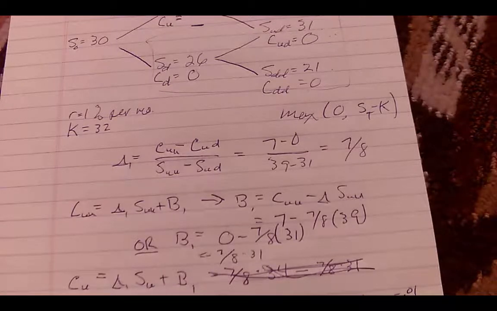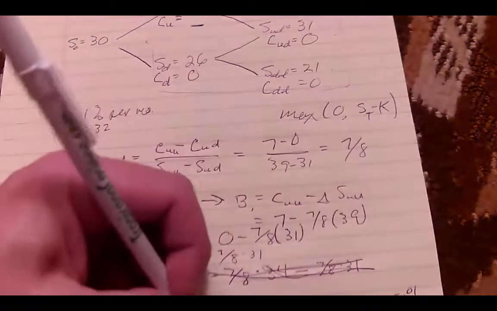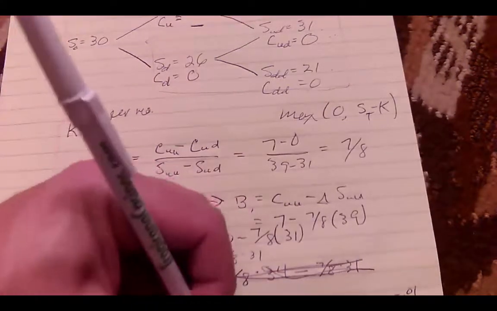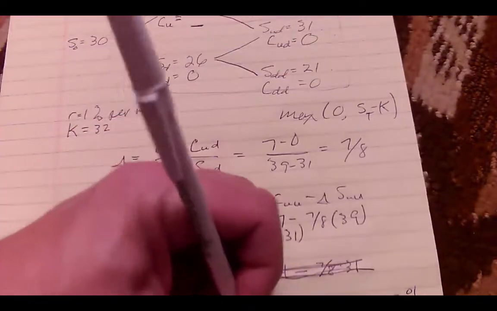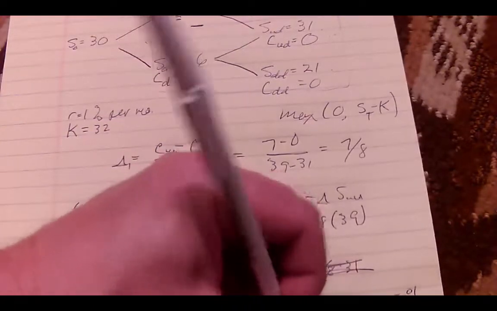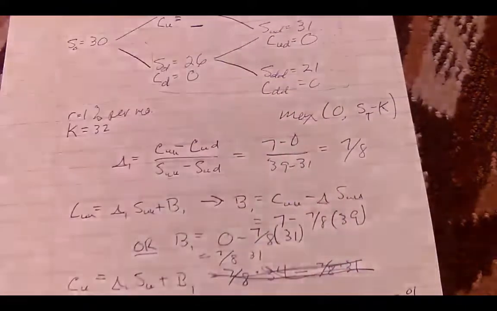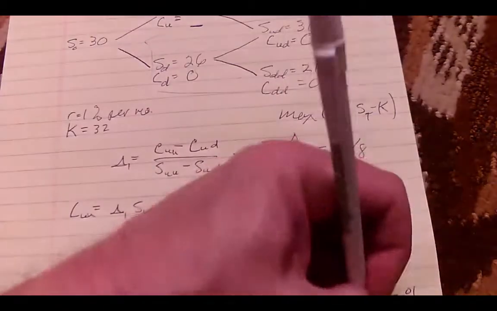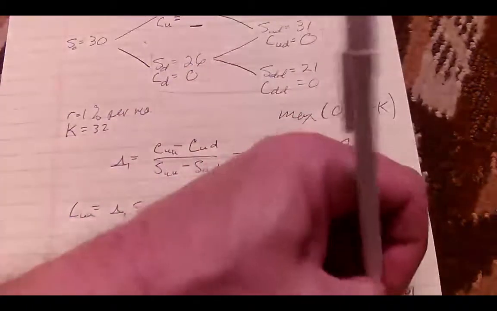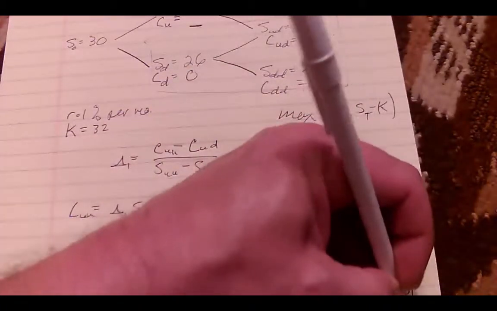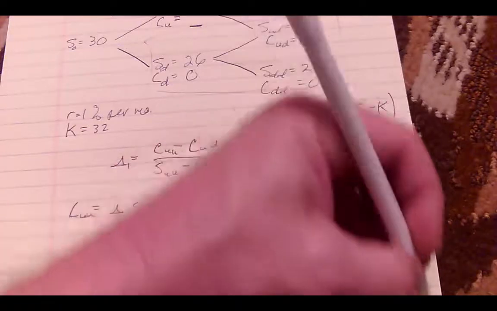I could simplify it a little bit. That's 7/8 times 34 minus 31 e to the negative 0.01, which comes out to 2.894898, if I did that right.